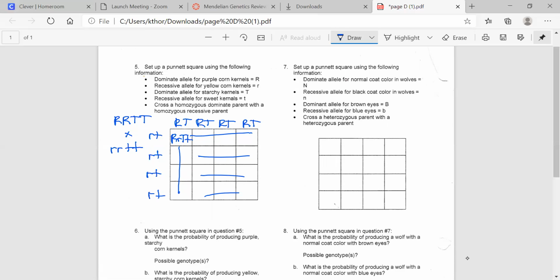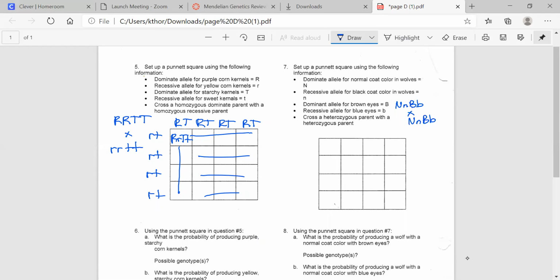Set up a Punnett Square using the following information. We have N's and B's, normal coat, black coat, brown eyes, blue eyes. We have a heterozygous parent with a heterozygous parent. So that would be double heterozygous crossed with double heterozygous.